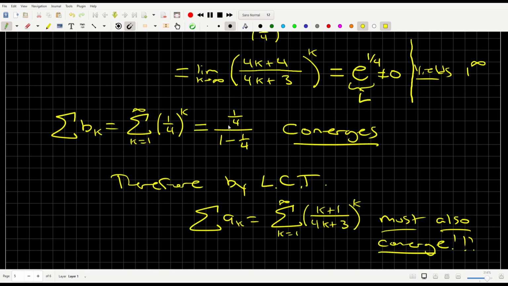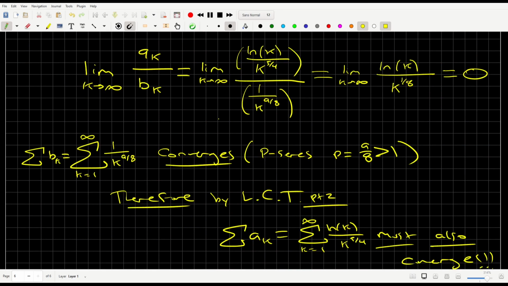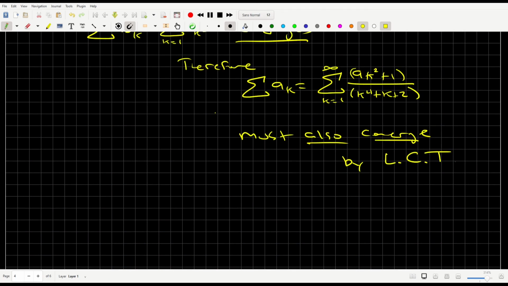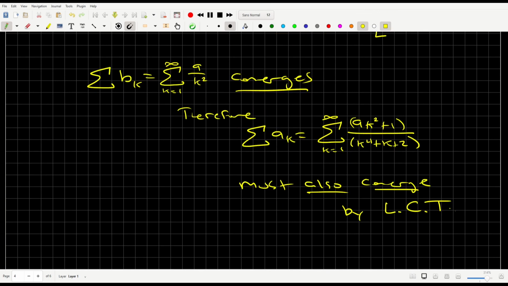But I just want to make you aware that this example is the LCT part 2. The previous two examples that we did were the LCT part 1.